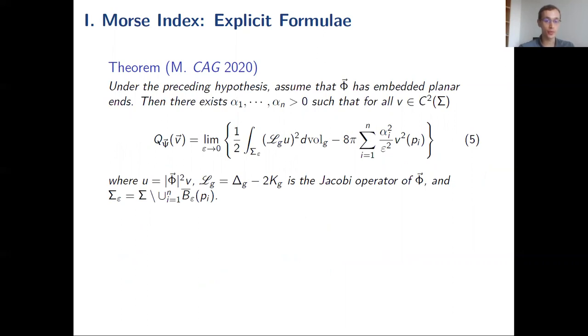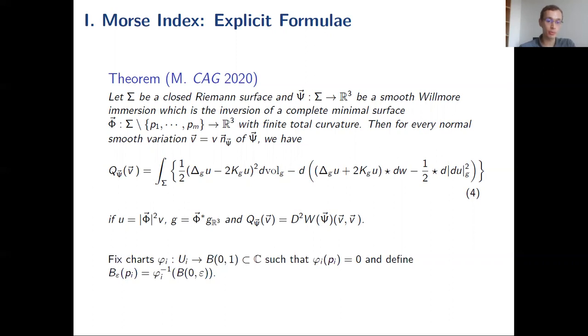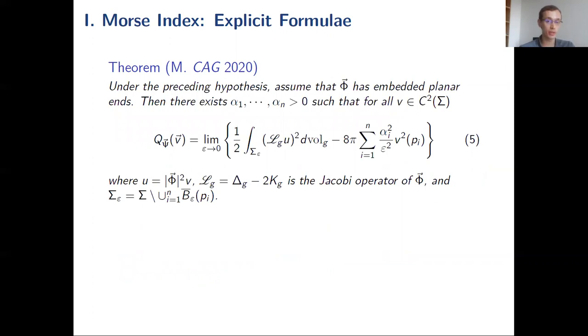We show that, relative to the choice of charts we made, like this, from a domain in our Riemann surface sigma into the unit disk in the plane, and then we define this ball B epsilon of p_i like this, then there exists some alpha_i which will depend on the chart. In fact, it will just depend on this u_i that is chosen, not on the precise chart. And you get a renormalized energy like this.